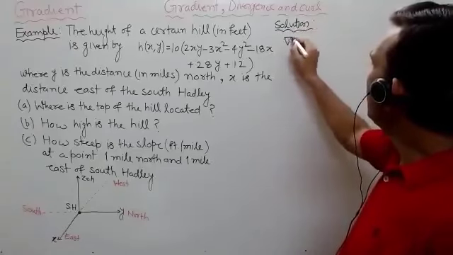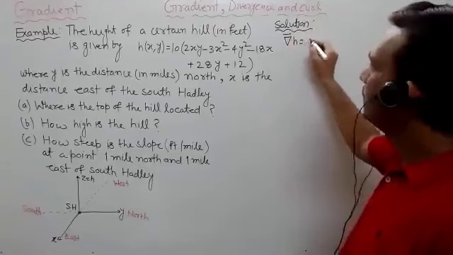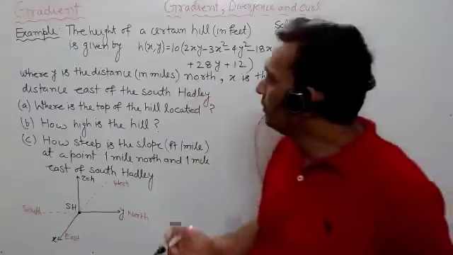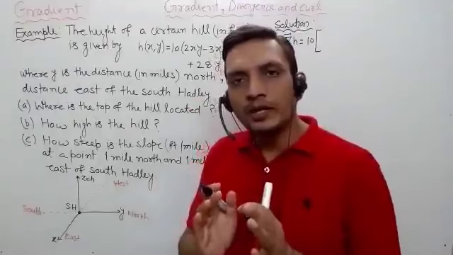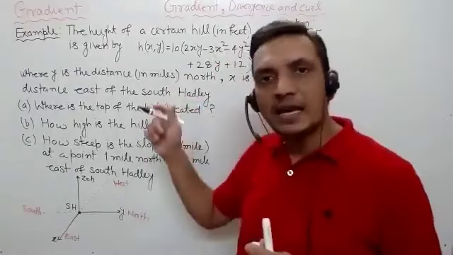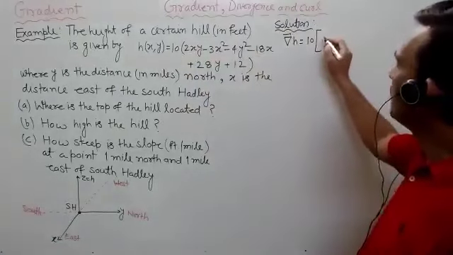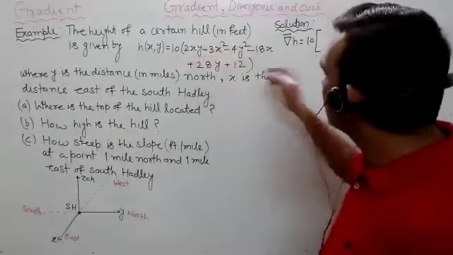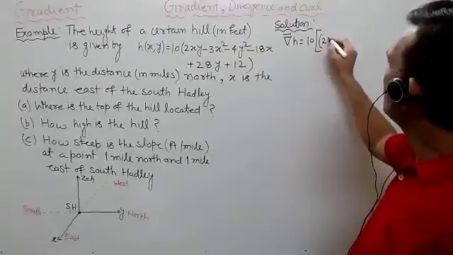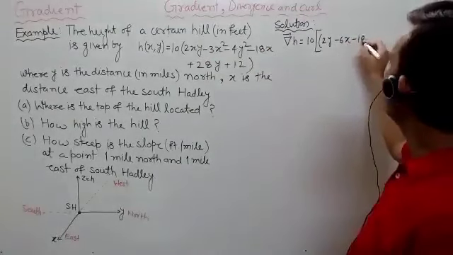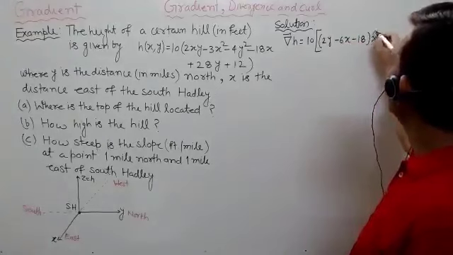So first find the gradient of h. This will be 10 times, you will get two components, del h by del x x cap and del h by del y y cap. The first term, if you differentiate with respect to x, you will get (2y - 6x - 18) x cap.